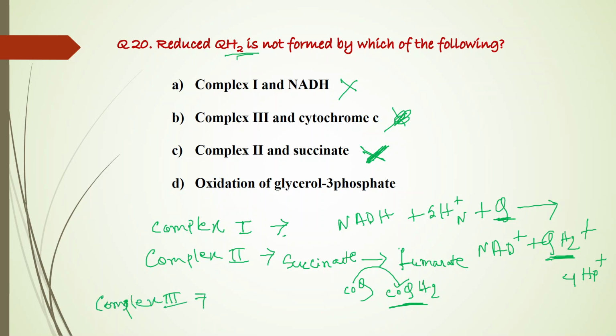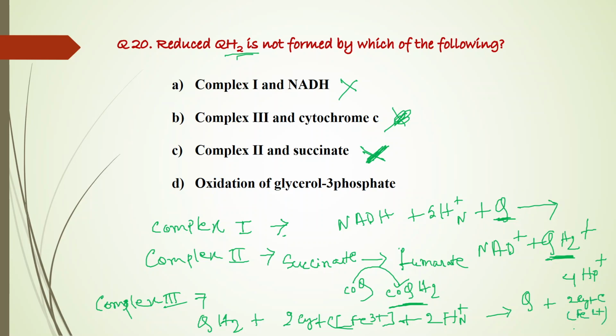The reaction for complex 3, if we write it down: QH2 plus cytochrome C Fe3+, plus 2 hydrogen from the N side, go to formation of Q, plus 2 cytochrome C Fe2+, and you have your 4H+ on the P side.